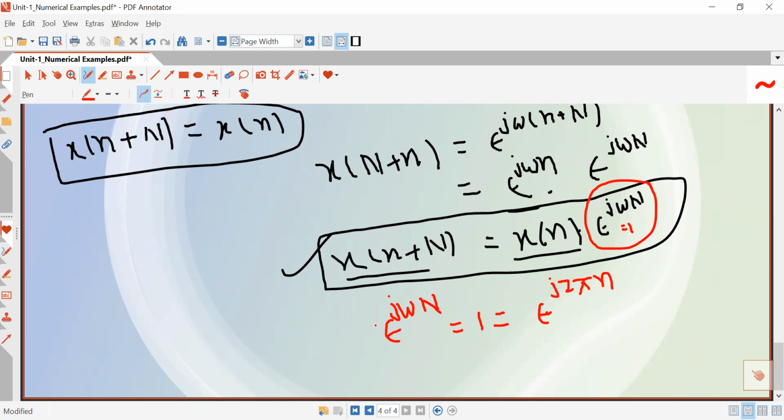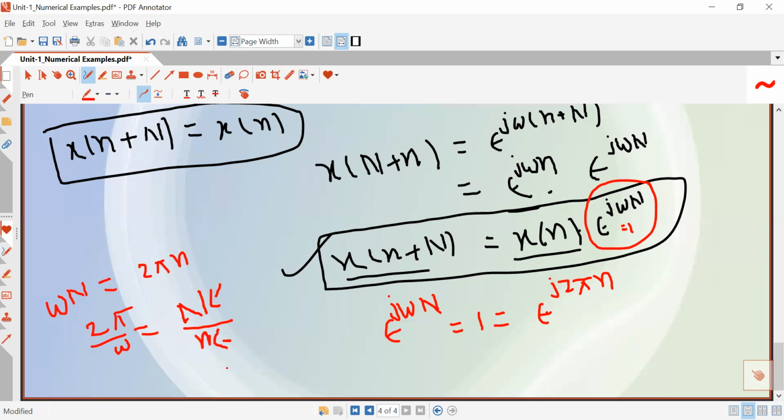So you can equate the powers. When you equate the powers, omega N will be equal to 2 pi m, and 2 pi by omega will be equal to N by m, and both are integers.